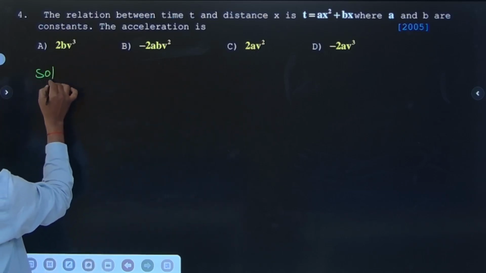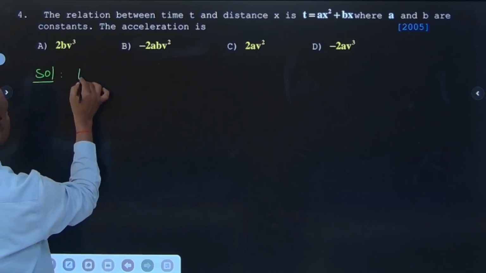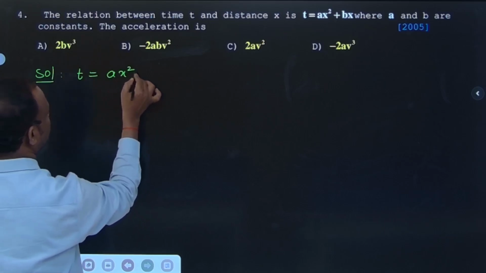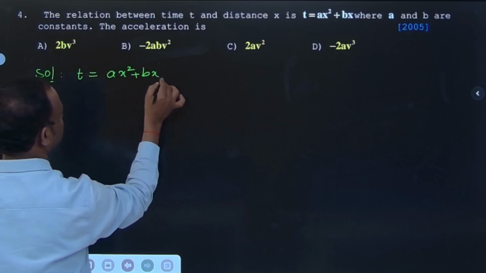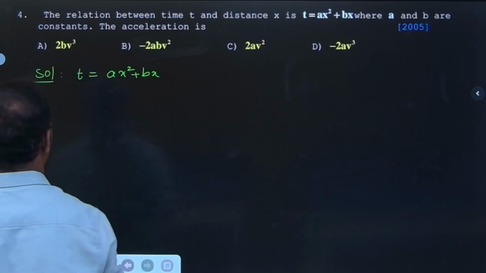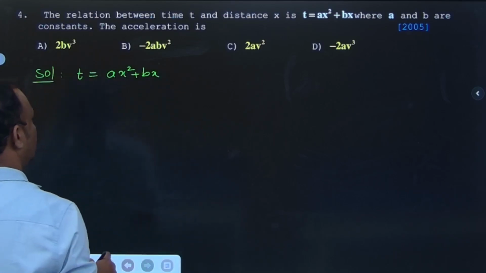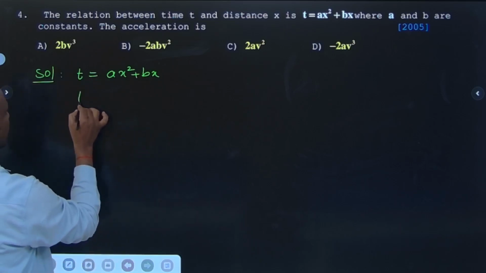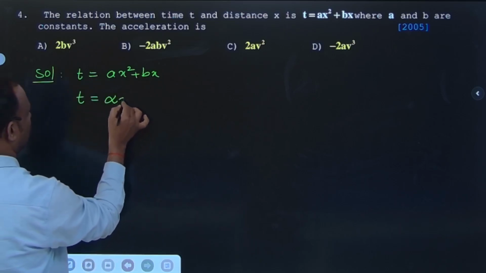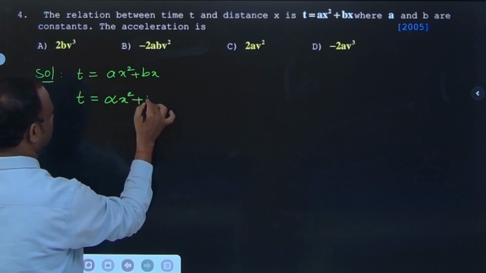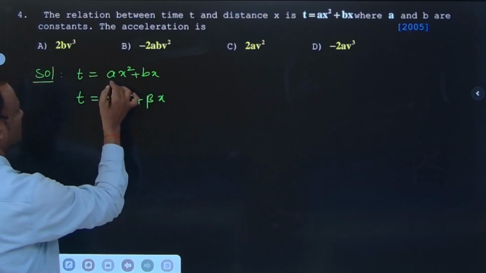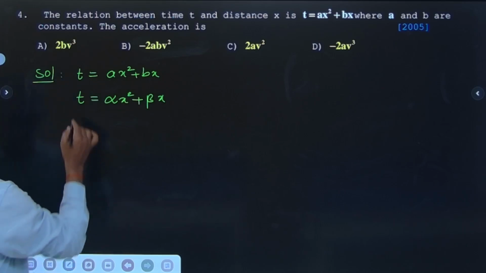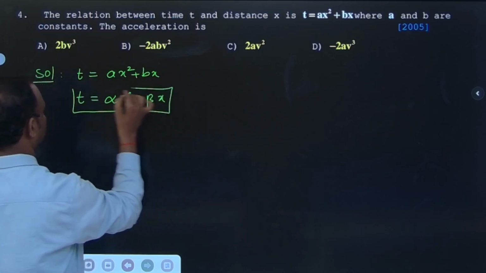The relation between time t and distance x is given: t is equal to a x square plus b x, where a and b are constants. What is the acceleration? For our convenience I am writing t is equal to alpha x square plus beta x, because acceleration is asked and we may get confused. So this is my required condition.